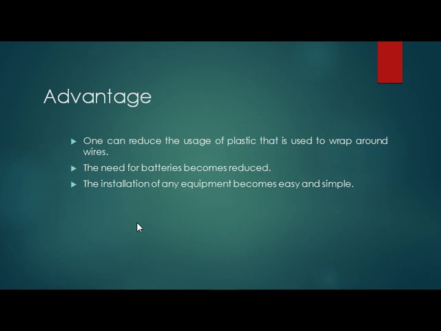And the installation of any equipment which needs a lot of wires, where we use a box where we plug in 10 different kinds of plugs, becomes very simple and easy. These are all the advantages that come with using the Vitricity concept.